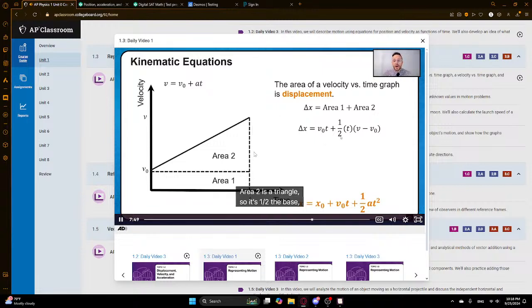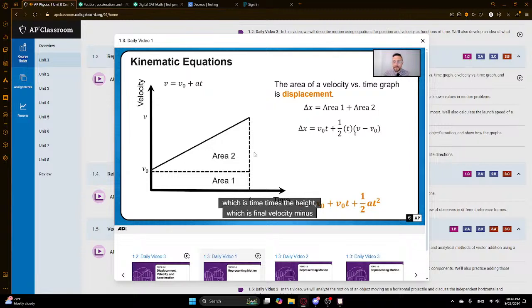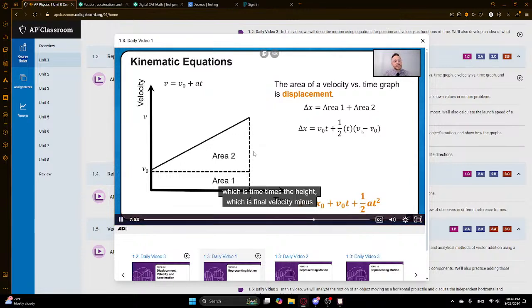Area 2 is a triangle, so it's 1/2 the base, which is time, times the height, which is final velocity minus initial velocity. Oh, I get it. This piece right here is final velocity minus initial velocity.